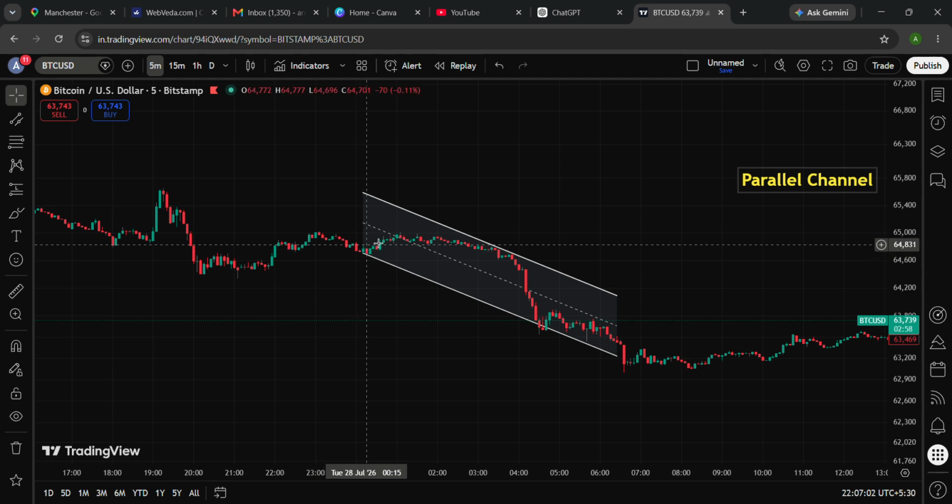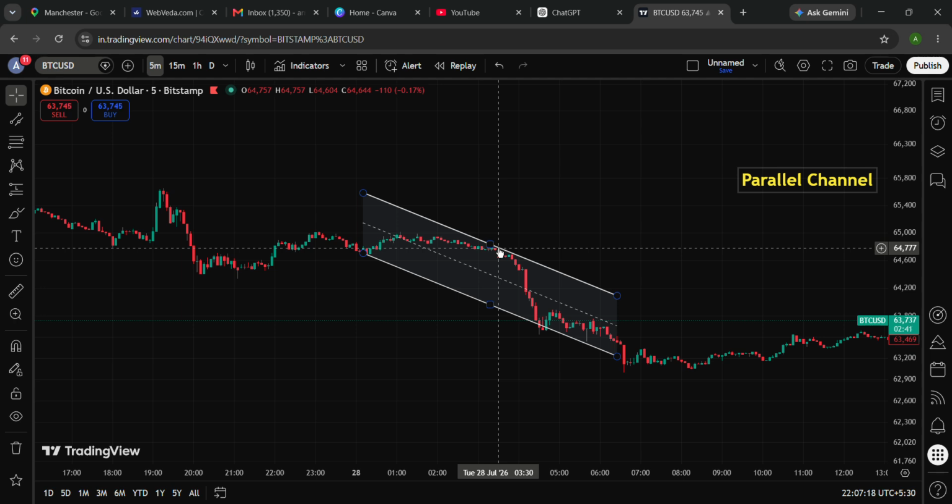If you see, the price is trying to move upward, takes a retracement, but couldn't break the parallel channel resistance level, and then the price falls again.